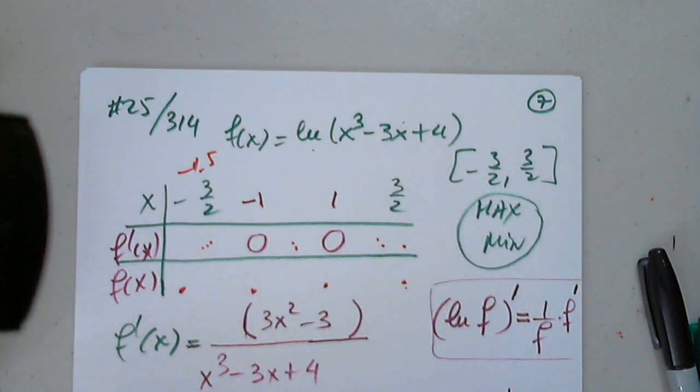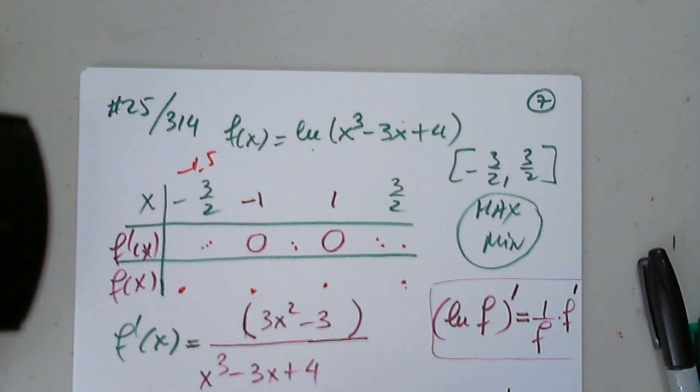I am going to plug this derivative in the graphing calculator. So exit and exit. Here it is. Clear and clear. And go back to y equals. And I have the derivative first.